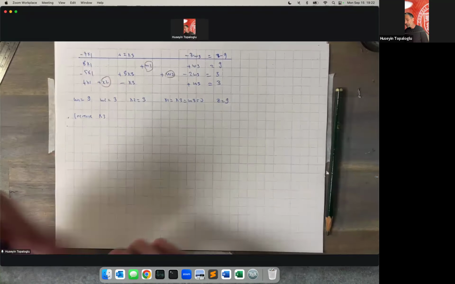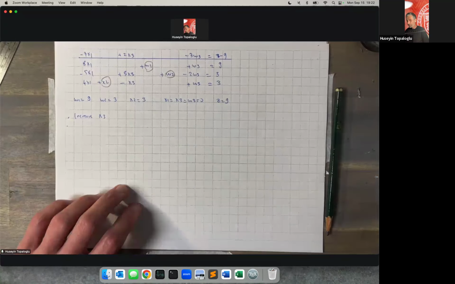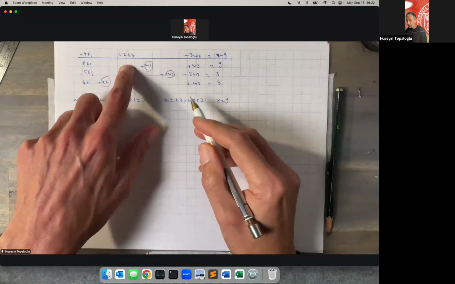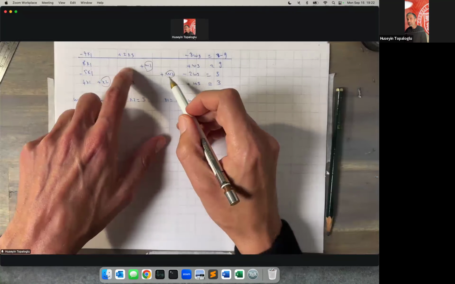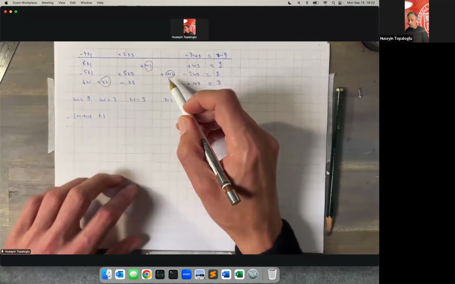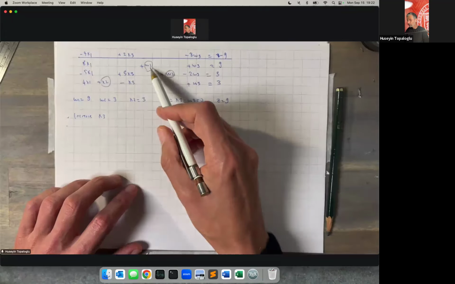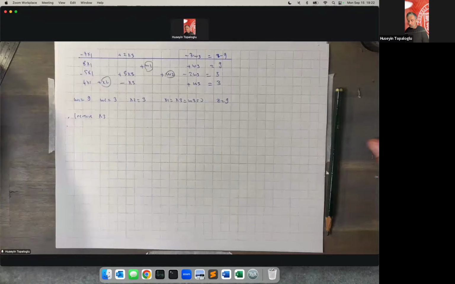And the question is, how much can we increase x3 before we violate the feasibility of the solution that we have on hand? From the perspective of the second constraint, x3 does not even appear. From the perspective of the first constraint, x3 doesn't even appear in the first constraint. So as a result, from the first constraint, I can increase x3 as much as I want without turning W1 negative.